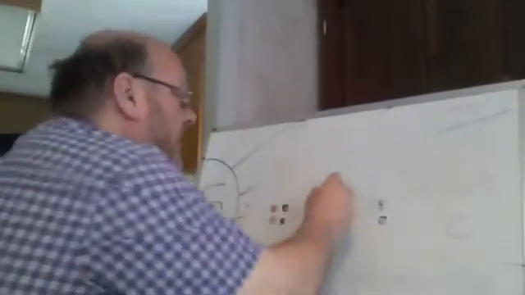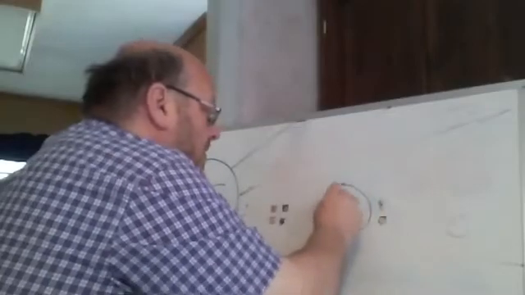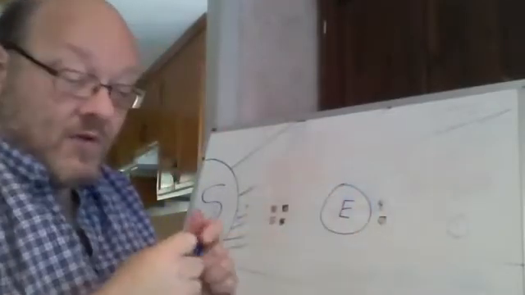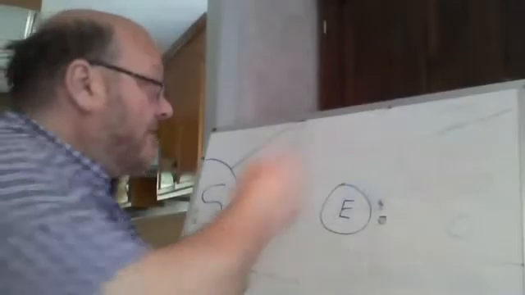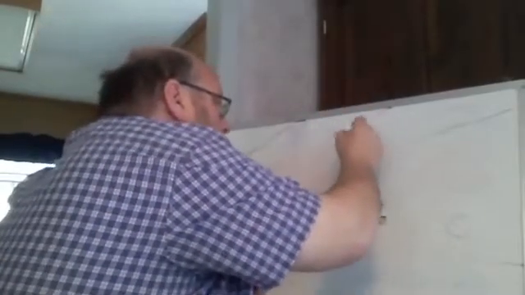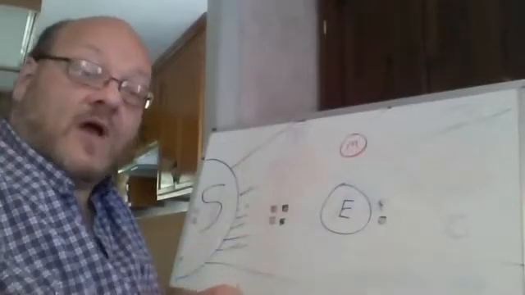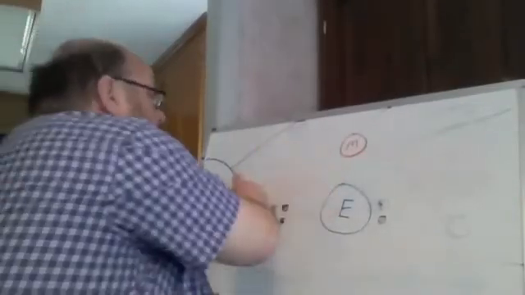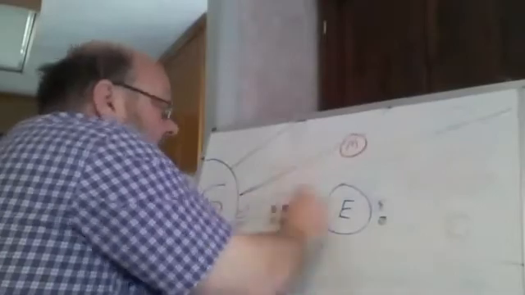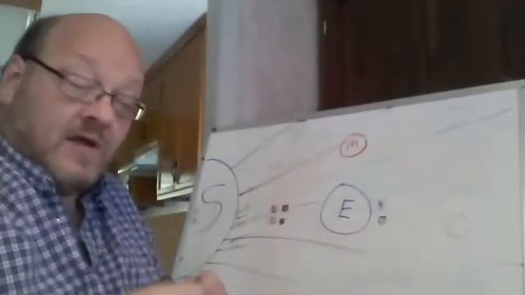rambunctious. So we have the Earth, but we have the sun. But what happens when the moon is there? Now, we're not having any effect of the sunlight, right? Everybody's getting sunlight, okay?